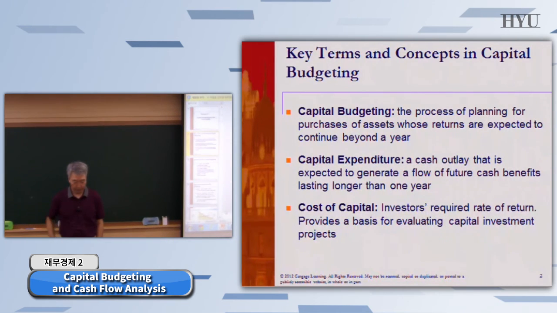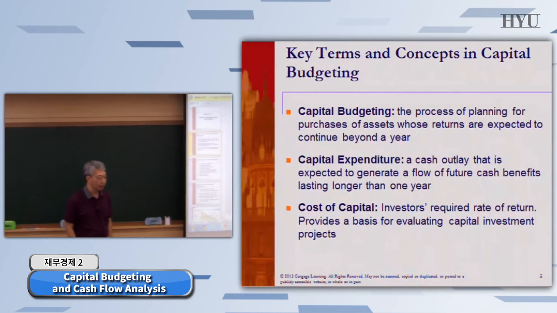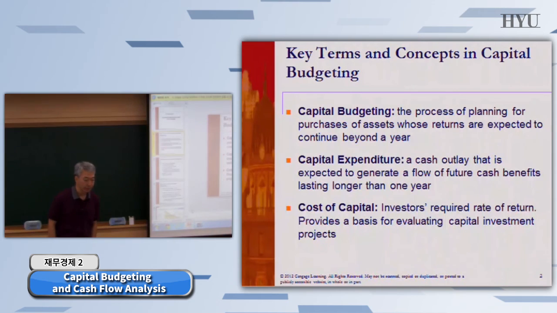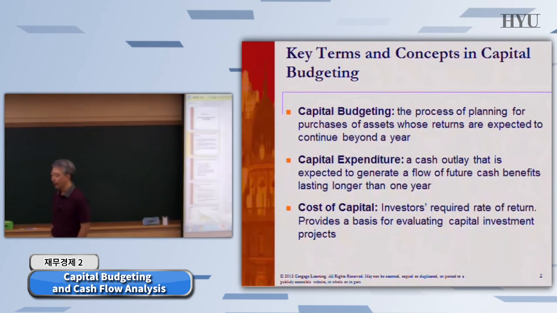And cost of capital, we're talking about how much it costs to purchase this capital. But typically, we are not talking about a dollar amount. When we say cost of capital, we're talking about a rate, similar to an interest rate.